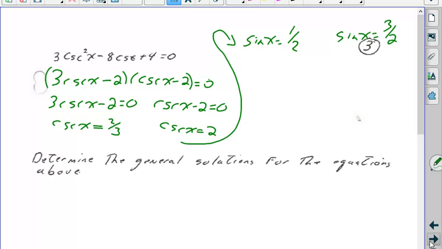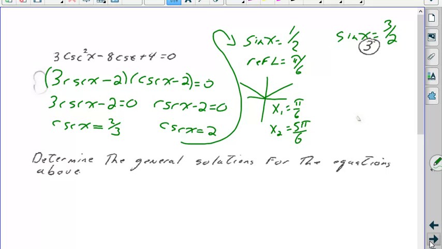All right, reference angle, where is sine x equal to 1/2? Pi over 6. Sine is positive there and there. Solution 1 is pi over 6. Solution in quadrant 2, 5 pi over 6. Yeah, I'm hoping that everybody's comfortable with that.